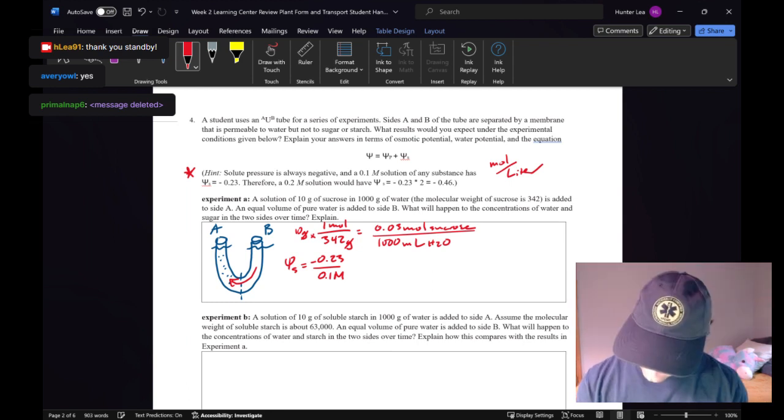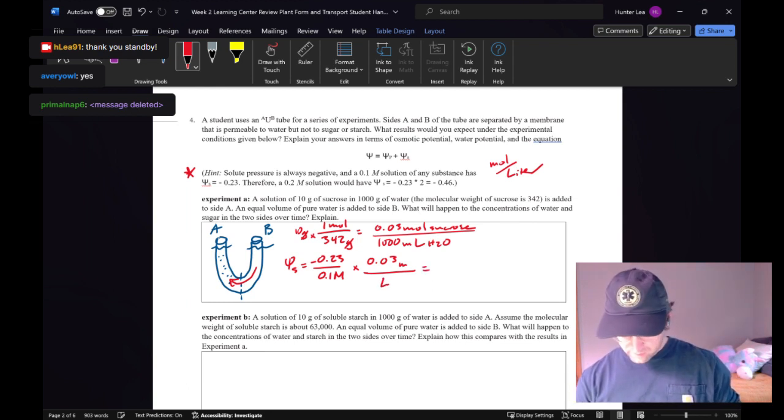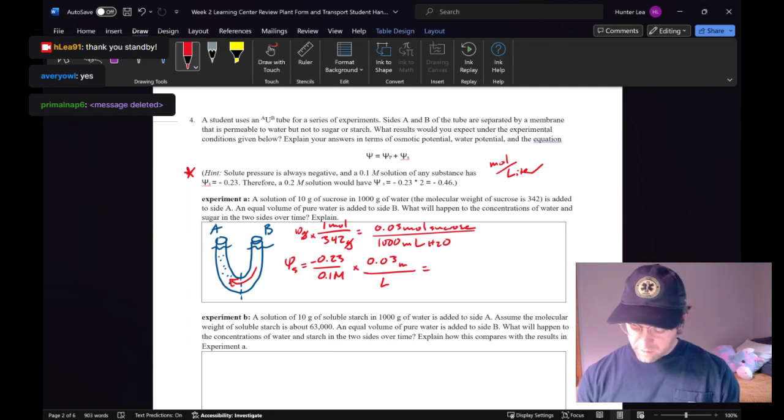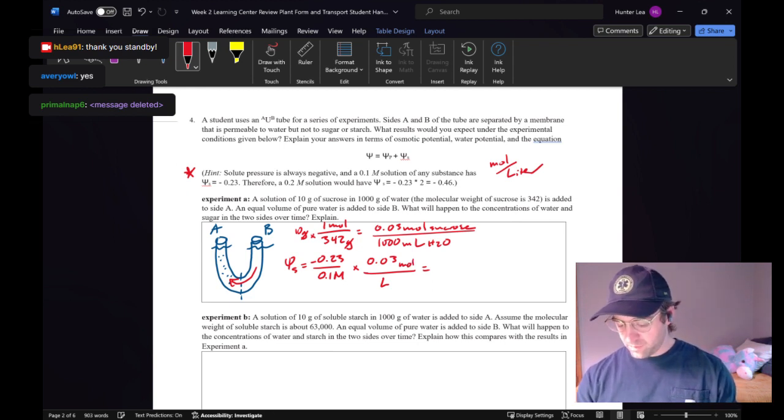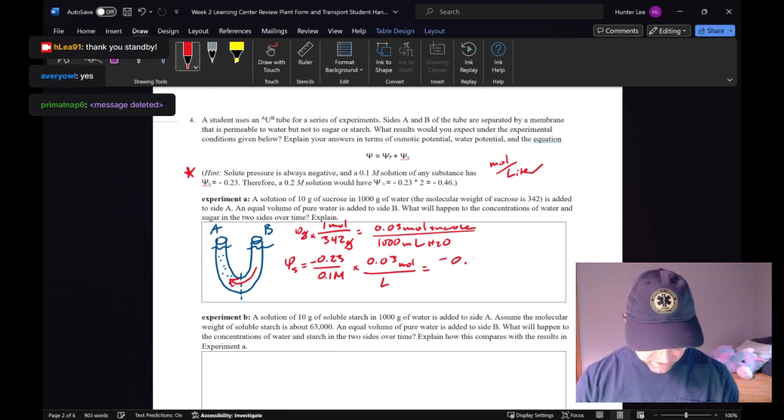And we have 0.03 moles per liter. So negative 0.23 divided by 0.1 molar times 0.03 moles per liter gives us a final solute potential of negative 0.069.